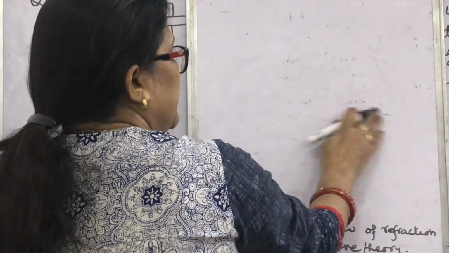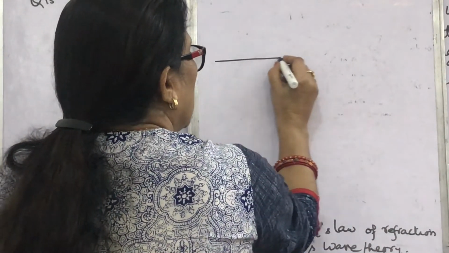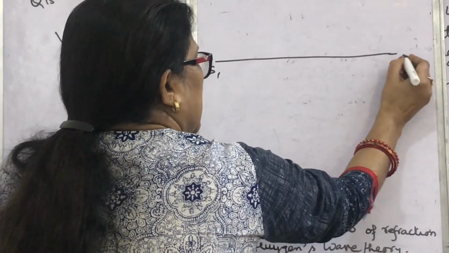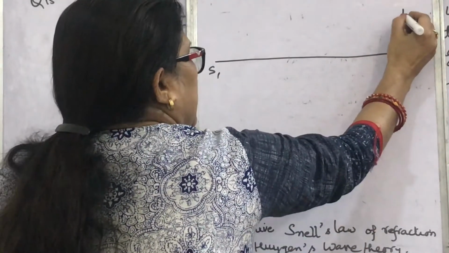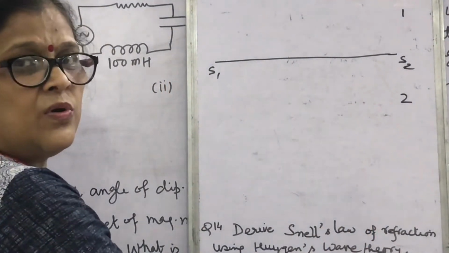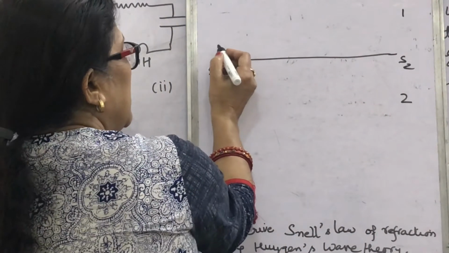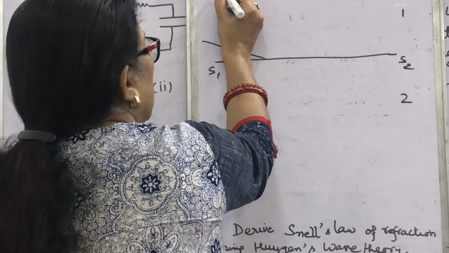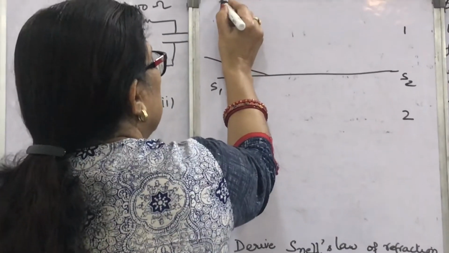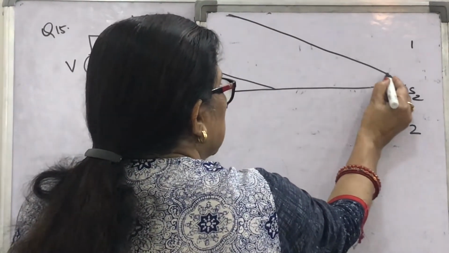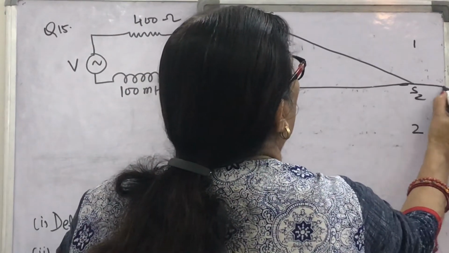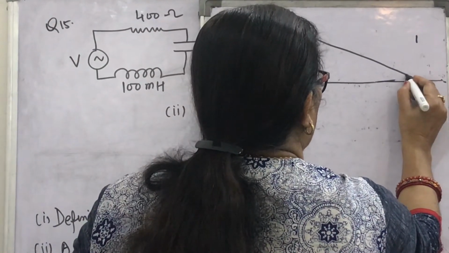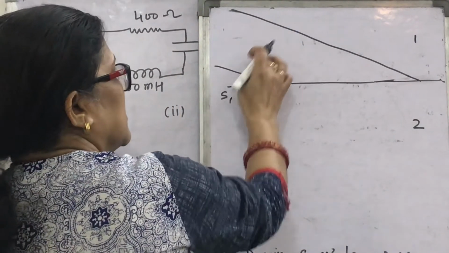How to draw the figure to show this? Look, if this is the surface, suppose its name S1, S2, separating medium number 1 and 2. Okay. Let a plane wave front be incident on the surface. Then how will you show the plane wave front? Like this. These two are the parallel rays.